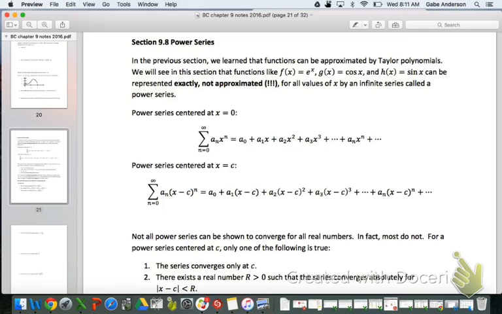And I want you to think about this. In the previous section, we looked at the Lagrange error bound, and in a couple sections prior to that, we looked at the alternating series error bound. If you think about it, the more terms you have in any polynomial approximation, the lower the error, right? The alternating series error bound is based on the value of the next term, the first omitted term.